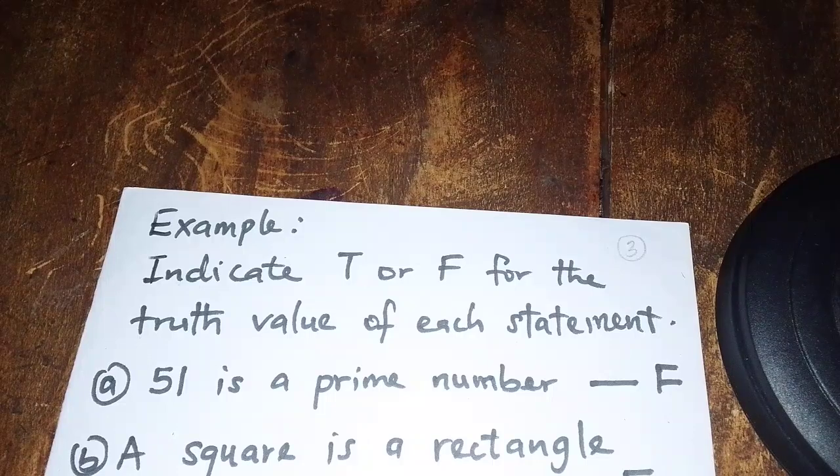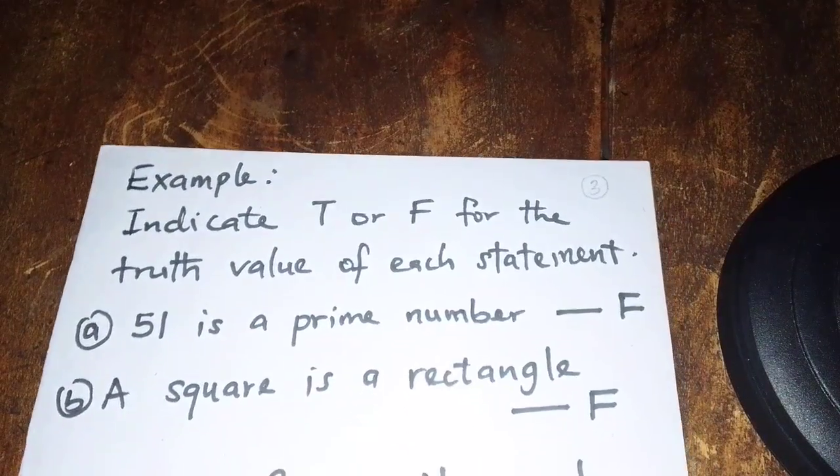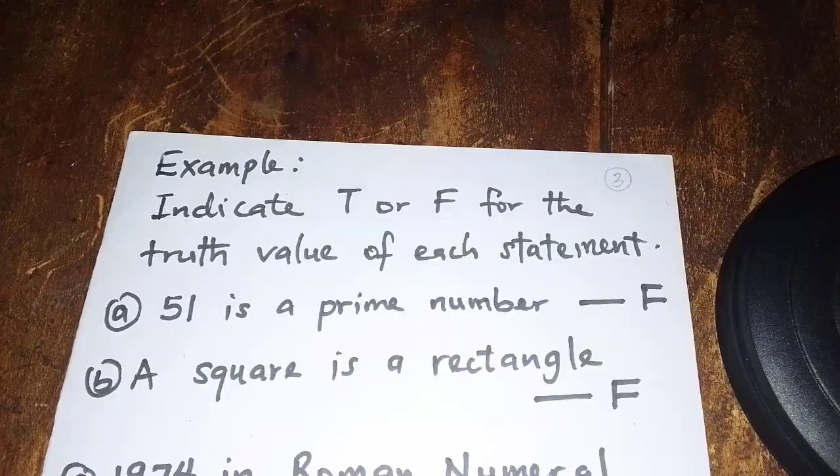So that statement, 51 is a prime number, is false. But before you can really say that the statement is false, it means you've got a knowledge of what a prime number should be.